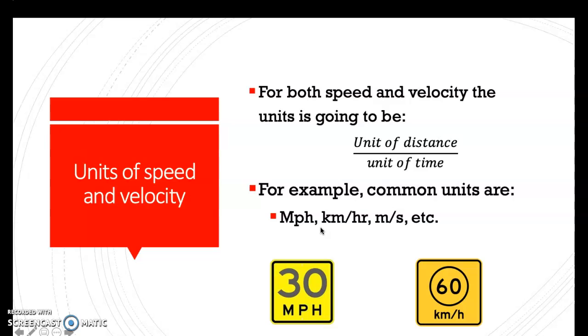They don't always have to be in meters per second. Meters per second is the general standard. But if you're given a problem where somebody is moving at kilometers over specific hours, you can leave it as kilometers per hour. You don't have to change it into meters per second. But meters per second is the general accepted rule for velocity.